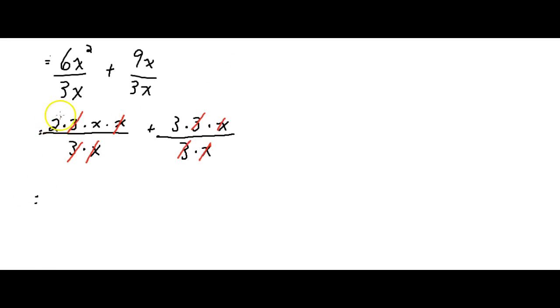Up here, 2 times x, and in the denominator everything got canceled, so that's over 1. We don't have to write it, but I'm just going to do that for now to keep track of everything. And the other leaves us with a 3, again over 1. So really we would just say 2x plus 3. So that's the long way of how that one works out.